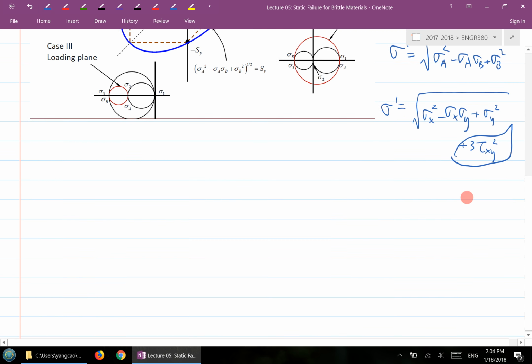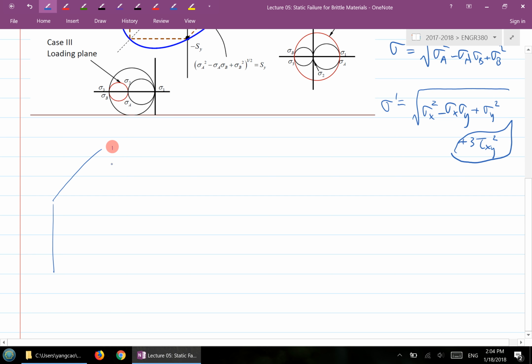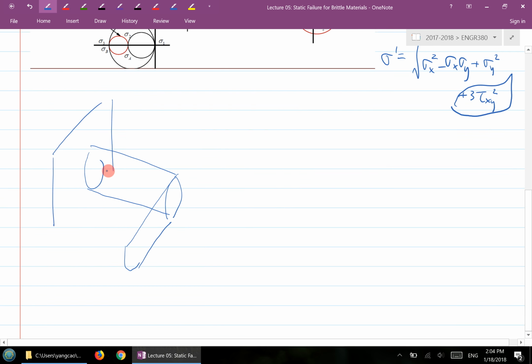So we start an example. We have basically a rod that carries an arm. The arm here, this is L, and this is A. And then there's a force applied at the end of the arm.